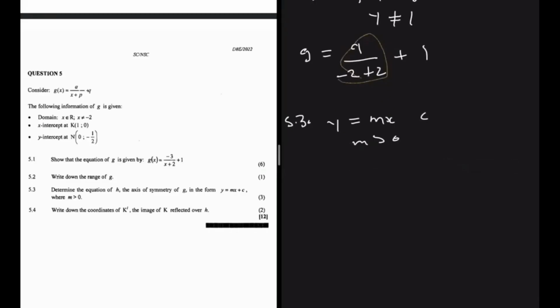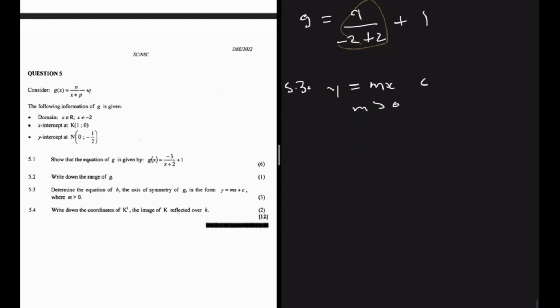When we talk about the axis of symmetry of a hyperbolic function, there are only two possible scenarios. Your axis of symmetry will be y equals minus x plus c, or y equals x plus c. These are the only two possible scenarios. We are told that m is greater than 0.